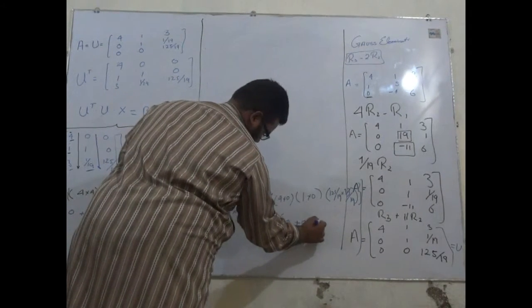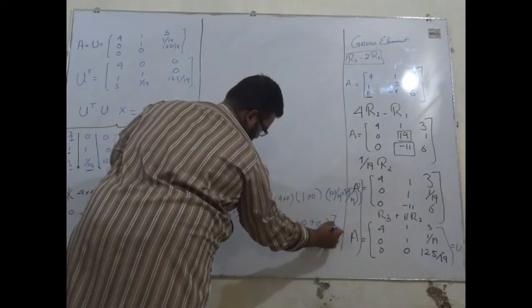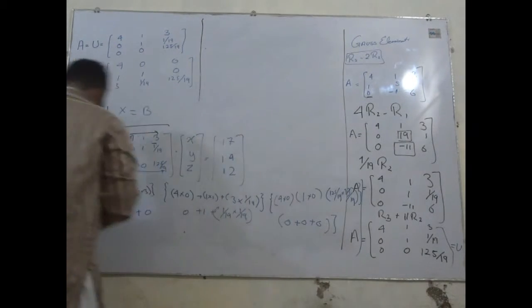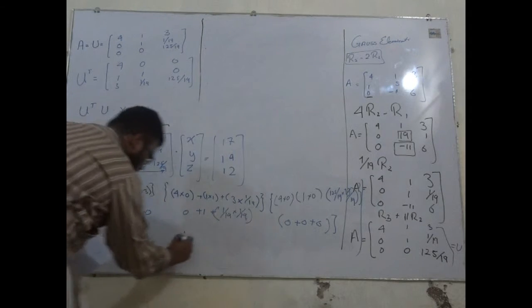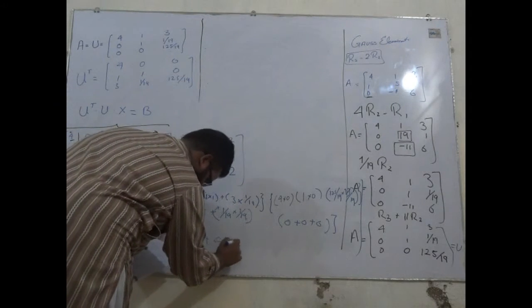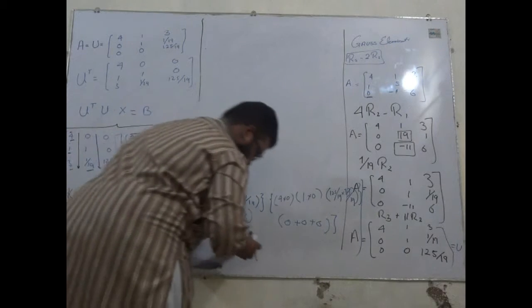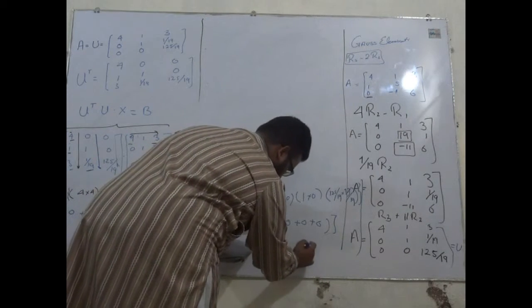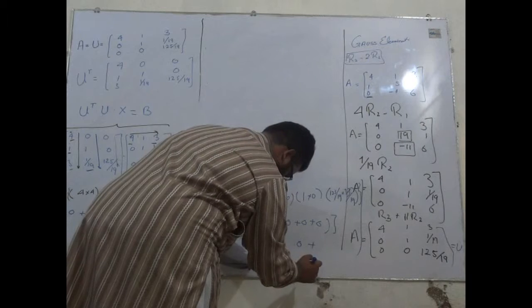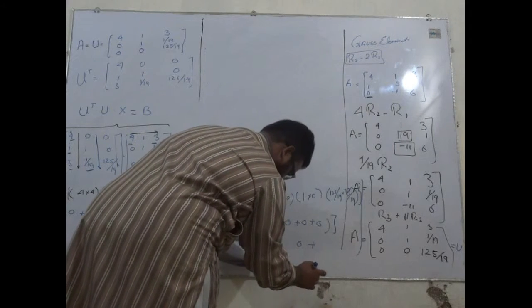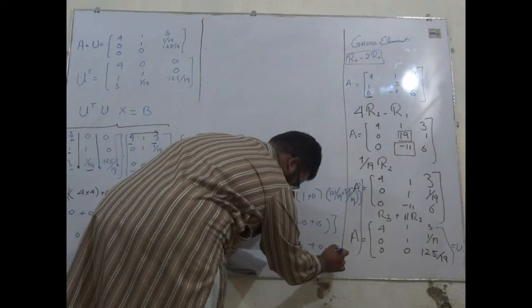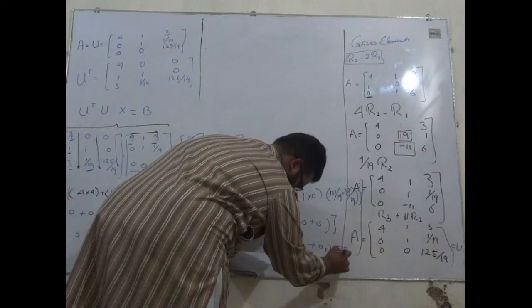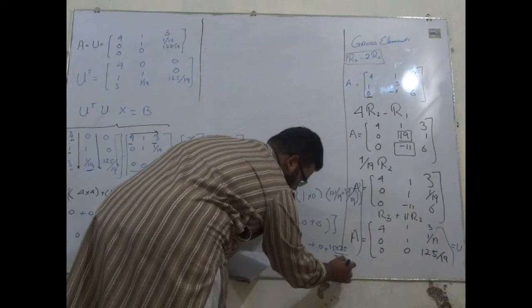And then we have 0 plus 0, and finally 0 plus 0 plus 0, and here we have 0 plus 0 plus 15625 over 361.